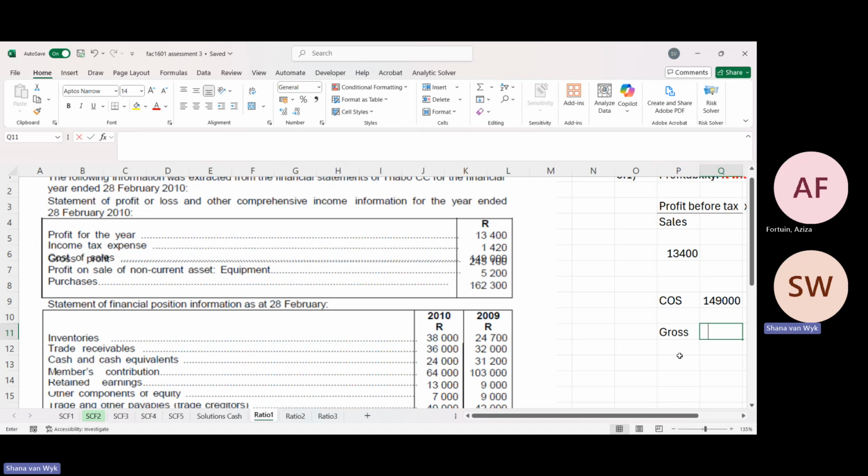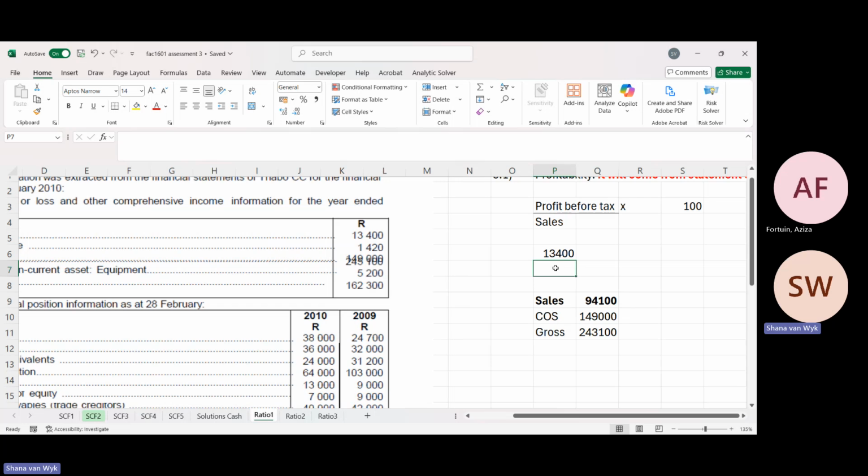And it looks like 245,100. So that means we can get sales. 243,100. Then we got sales.